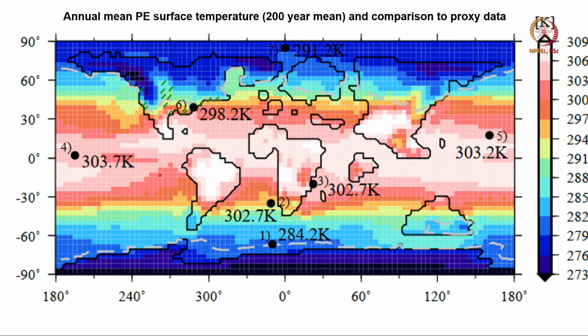Proxy data obtained from sediments in the ocean core, and these are some samples that were taken from the present ocean at the bottom, and they give you a rough idea of what the temperature was. And notice that the values given in numbers compared with the table which gives the model simulation are not perfect, but they are quite close.